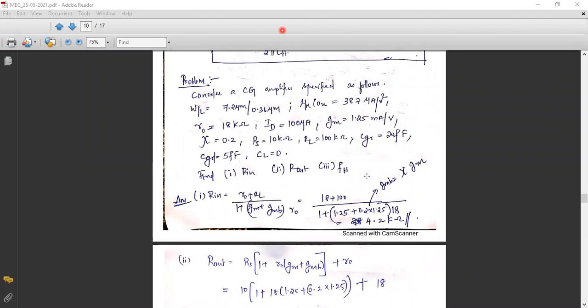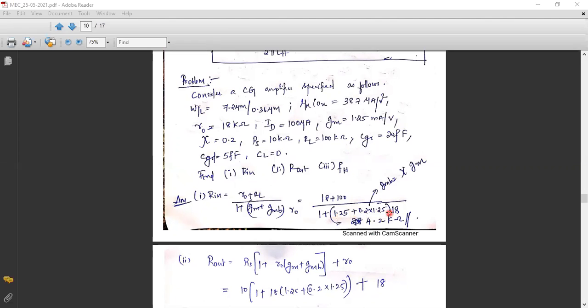Got the answer, 4.2. While entering in the calculator, be careful. First, multiply 0.2 into 1.25. Then add the result with 1.25.